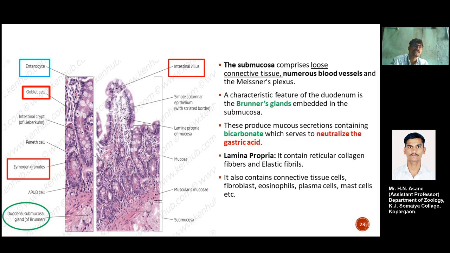As you can see, the goblet cells are present in the epithelial linings. These goblet cells are also present in this mucosa layer. Then you see the intestinal crypts of Lieberkuhn, the crypts opening into the passage.